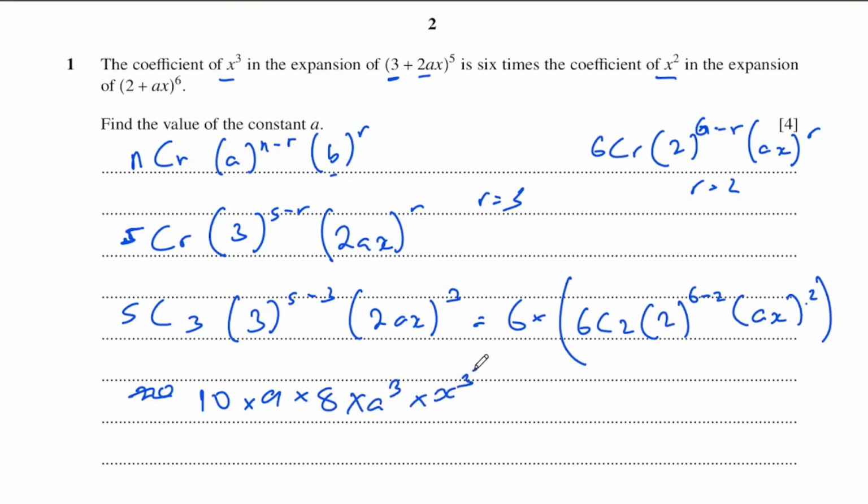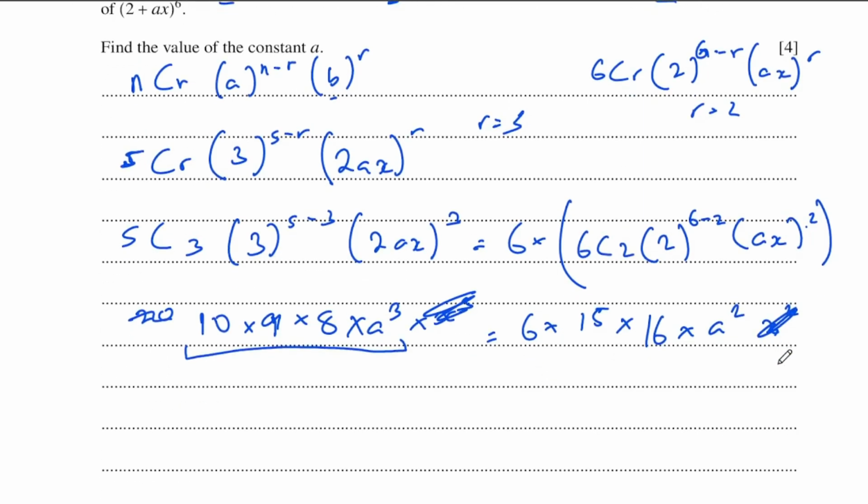We're only interested in the coefficient, so this is equal to 6 times 6 combination 2, which is 15, and then times 2 power 6 minus 2, which is 2 power 4, which is just 16, times a squared x squared. We're only interested in the coefficient, so we're going to remove this as well, and we end up with 10 times 9 times 8, which is 720 a cubed, equals 6 times 15 times 16, which is 1440 a squared.